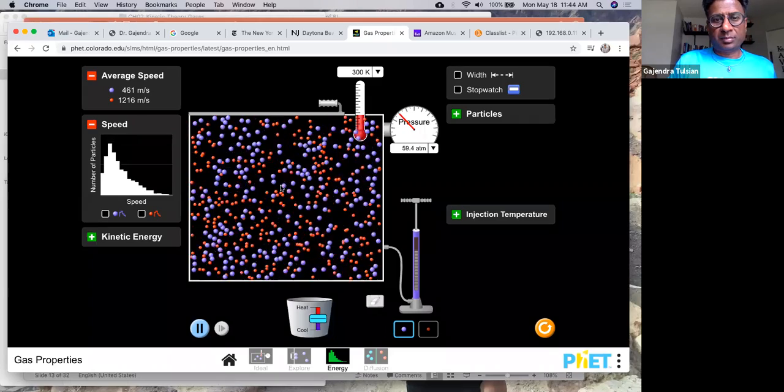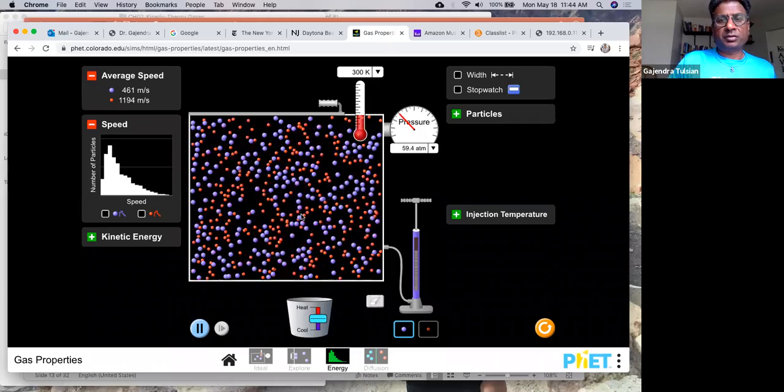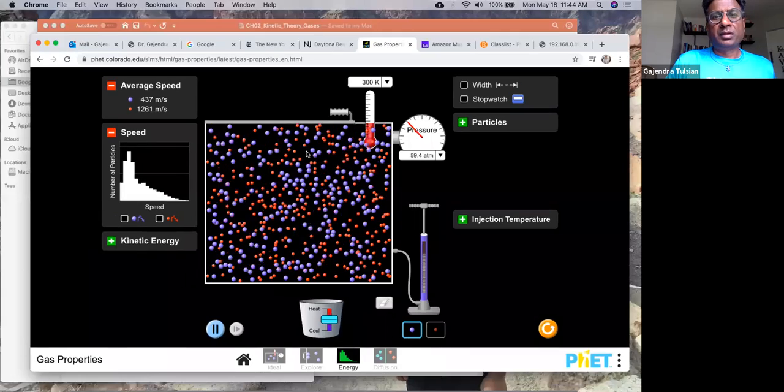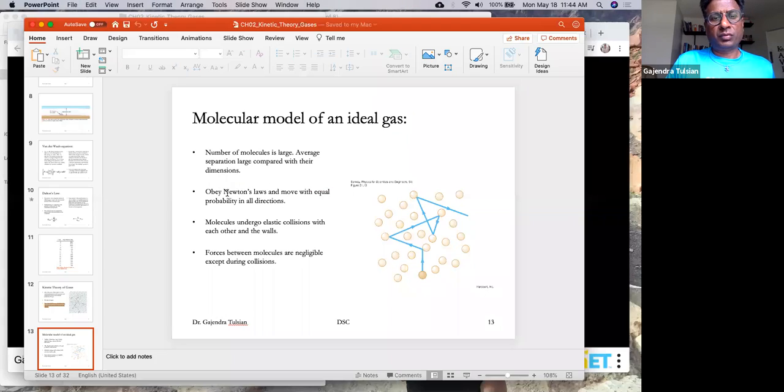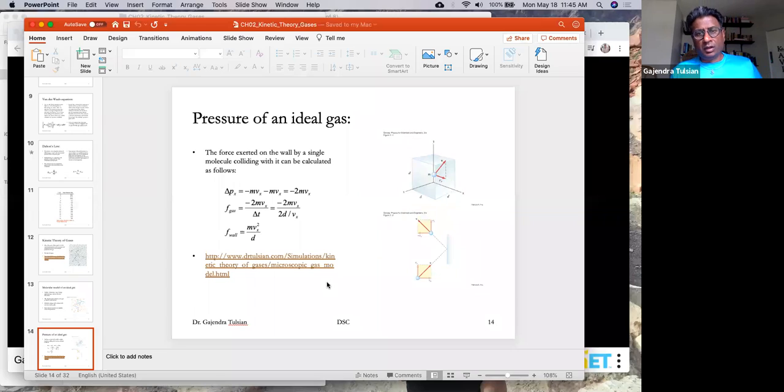Again, the separation between molecules is large compared to their sizes. They obey Newton's laws, they move in all directions with equal probability, and they undergo elastic collisions among themselves and with the walls, and the forces between molecules are negligible.